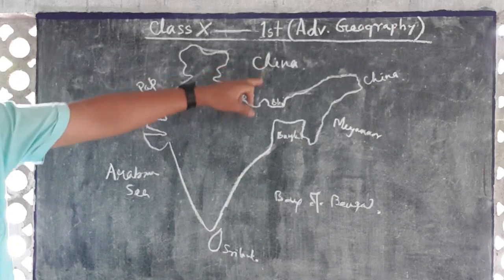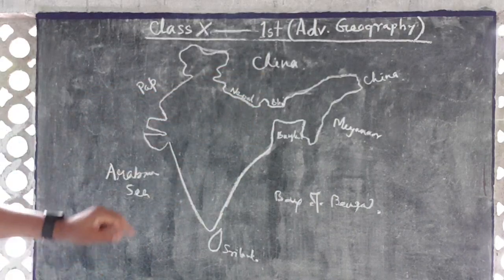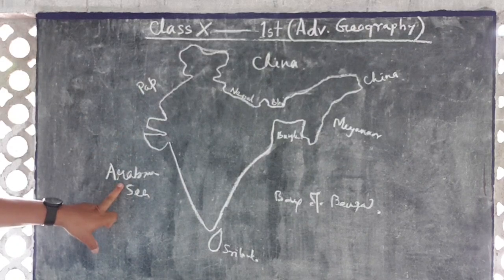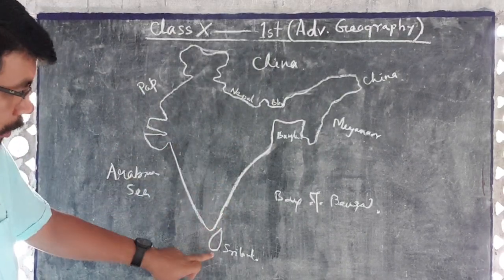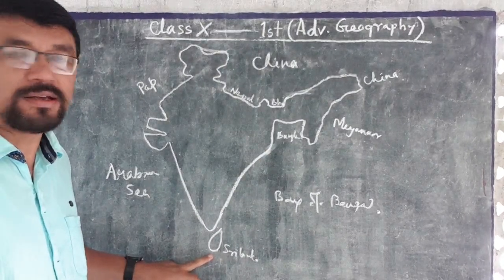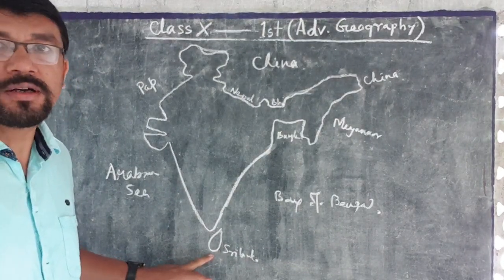In the north, China, Nepal, Bhutan. In the west, Pakistan, Arabian Sea. In the south, Indian Ocean and Sri Lanka. It is the boundary of our country.